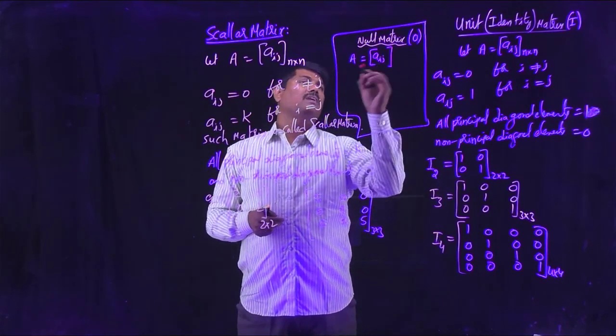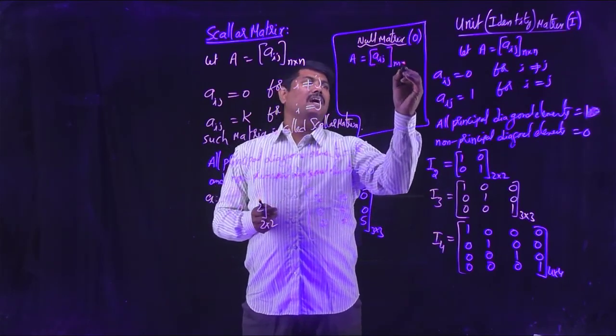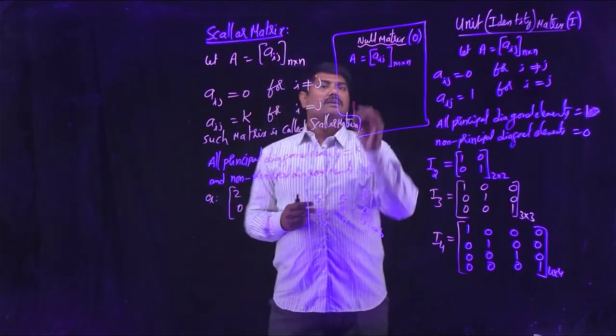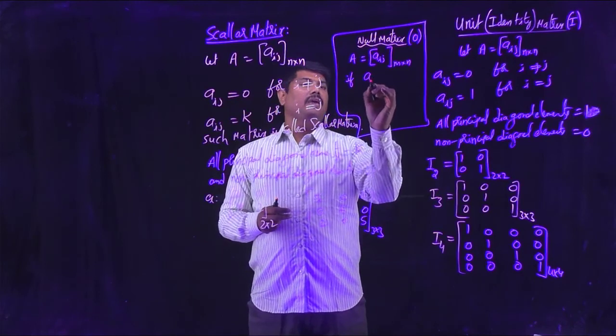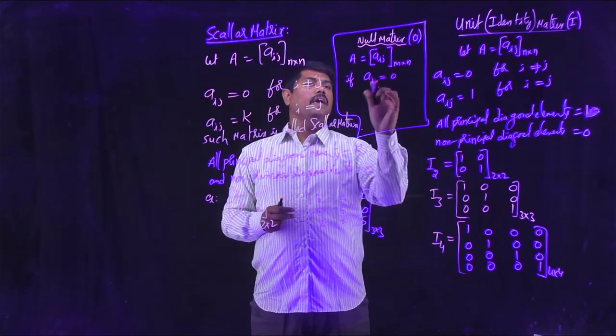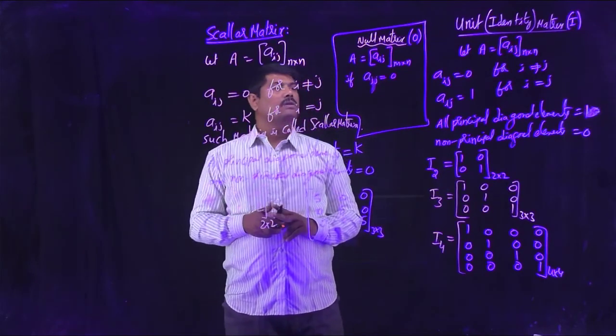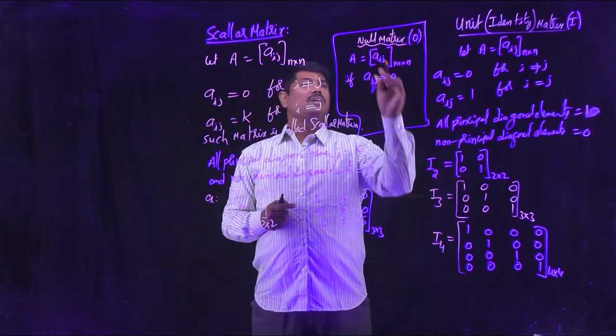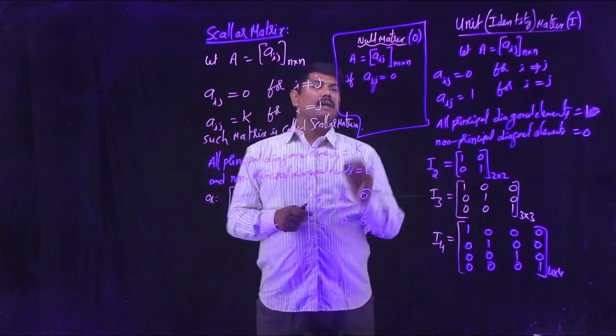Let Aij, m by n, be a matrix of any order. If Aij is equal to 0, whatever the element may be, every element being 0, that matrix is said to be a null matrix.